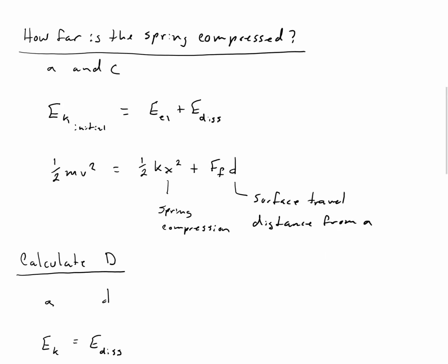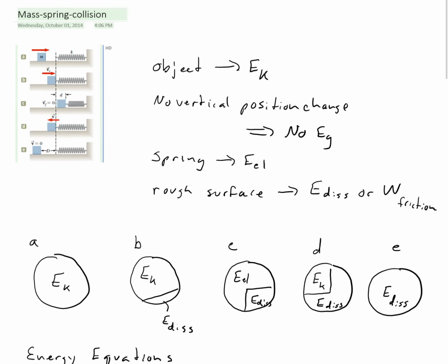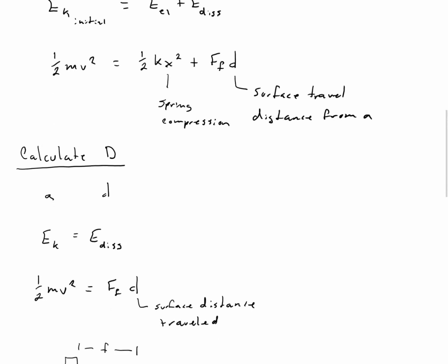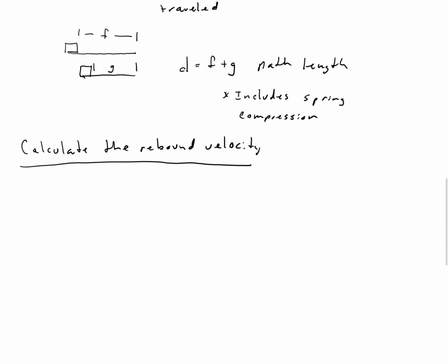If that is the case, then we're interested in A, because it will allow us to calculate the total energy in the system, and D. Well, A is kinetic energy.